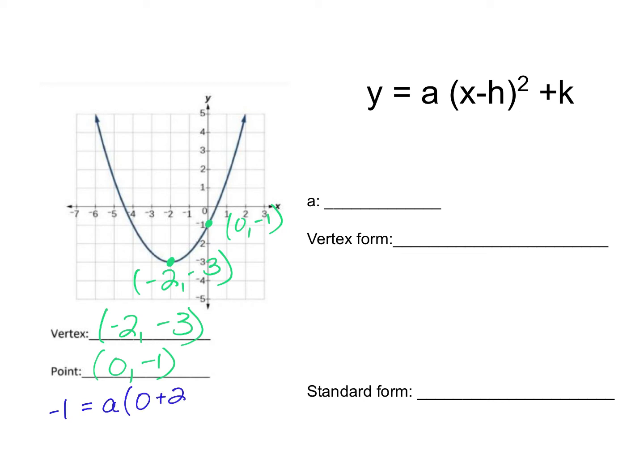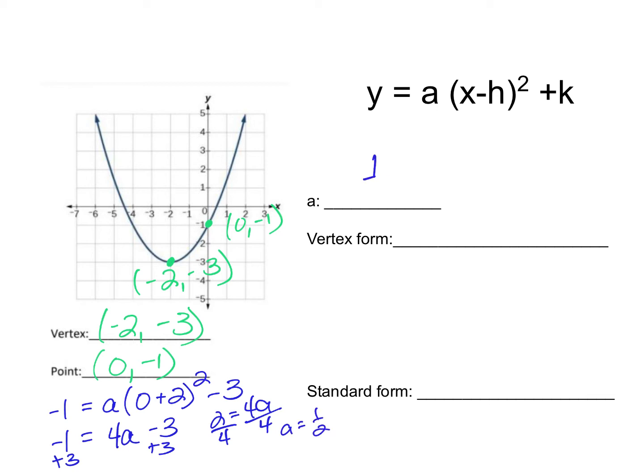This will be a plus 2 squared, and then minus 3. So negative 1 equals, so 0 plus 2 is 2 squared, so this would be 4A minus 3. Adding 3, so this would be 2 equals 4A. Whew, squeezing it in. A equals 1/2. Very good. So vertex form, Y equals 1/2 (X plus 2) squared minus 3.